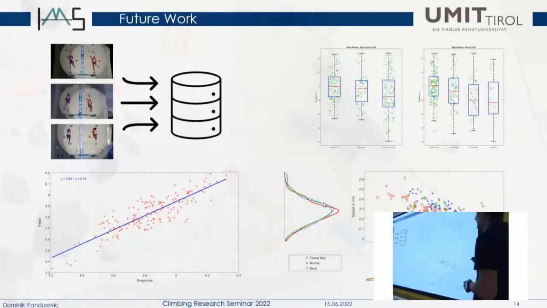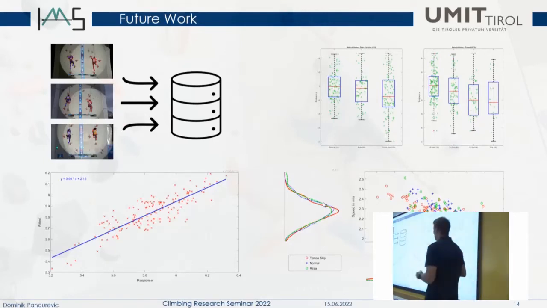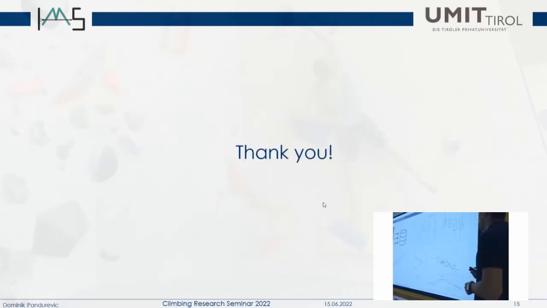Here is also some future work I'm working on. We are feeding a big database with a lot of recordings of speed climbing competitions and trainings, and therefore we're trying to make some statistical analysis. Thank you very much for your attention.